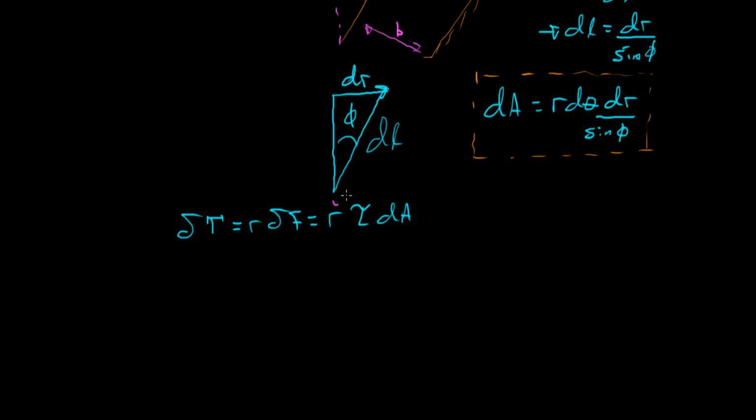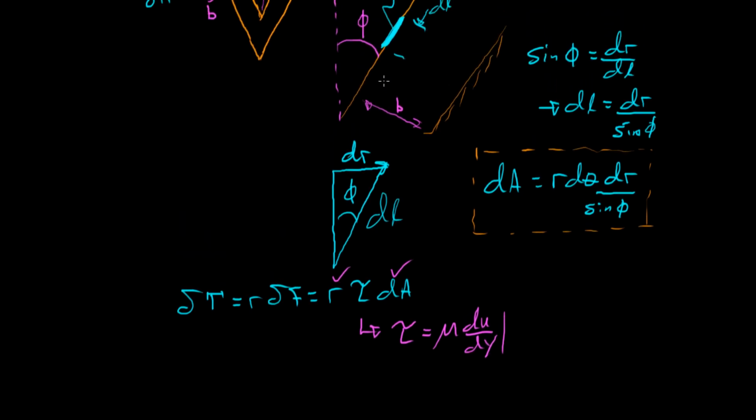Well, we've got our coordinate system R and we've got our differential area. We just came up with that. The thing we still need to work out is our shear stress, tau. And tau, remember, is equal to mu du dy, and we're going to evaluate that at the wall. So let's come back up here for just a second and define a coordinate system for the sake of this. Let's call y this one.